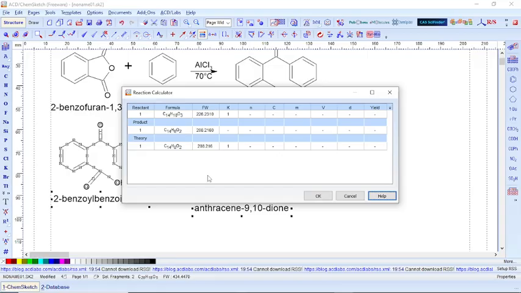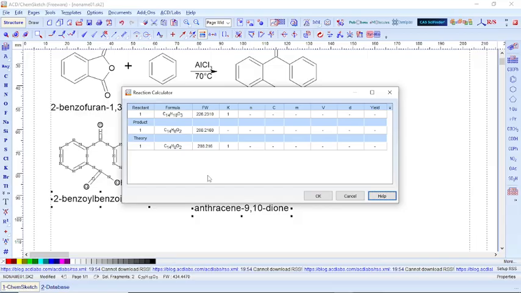You then ask yourself, since the product and the theory are the same thing, at the theoretical yield, K is mole ratio, N is molarity, C is concentration, M is mass, V is volume, D is density, and your yield.